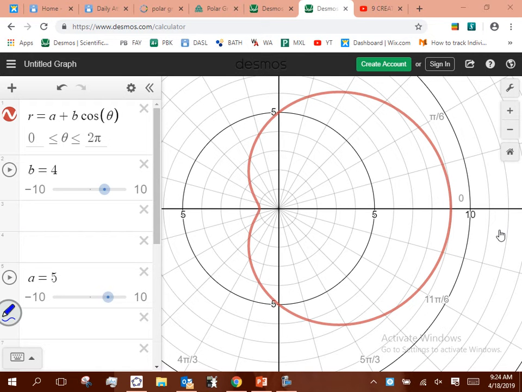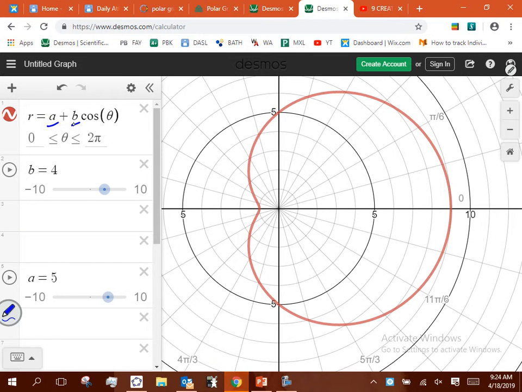It's not because of the nature of these two numbers being different. We call this a limaçon. Put that little accent on the C. I think it's Latin, not sure, but it translates to snail.